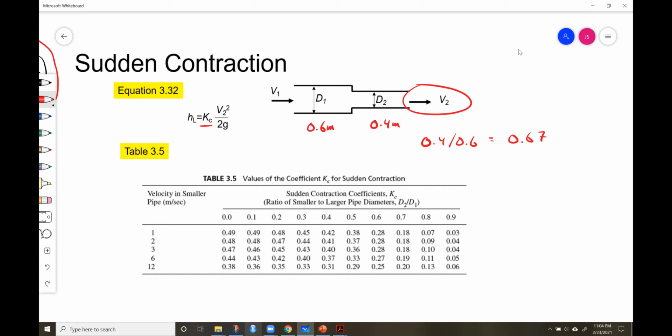We need the velocity in the smaller pipe. All right, let's do that real quick. So we said Q is equal to 0.5 cubic meters per second. And we can then calculate our V1 by dividing Q over A1, right?